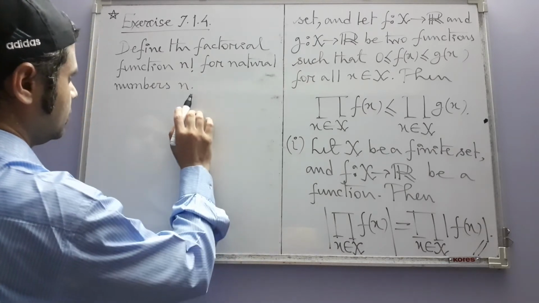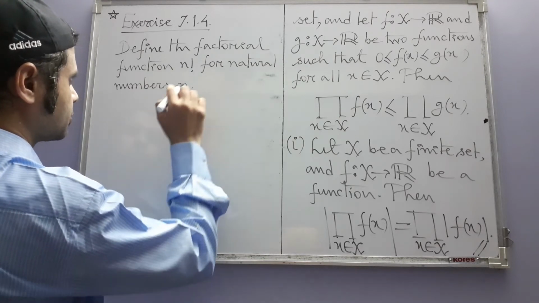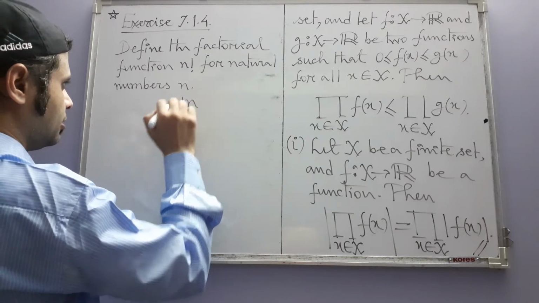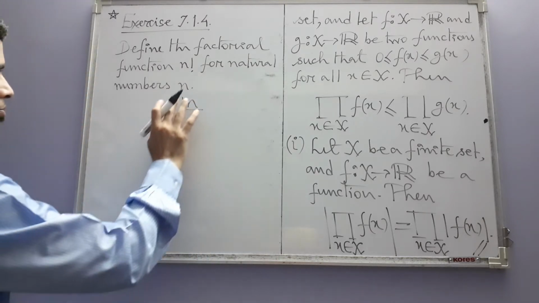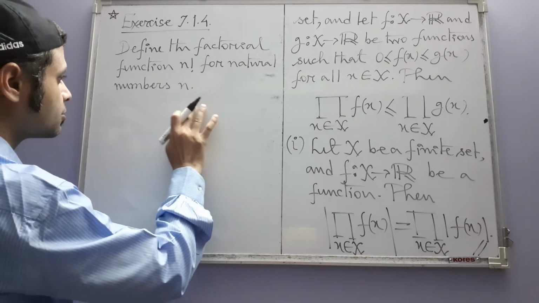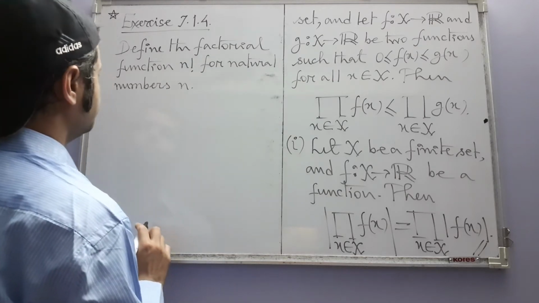In fact, you already know what these things are, but again, just let's go through them once more. There is another notation for writing n factorial like this, but it's old notation. We no longer use this. We use this notation n followed by the exclamation mark.